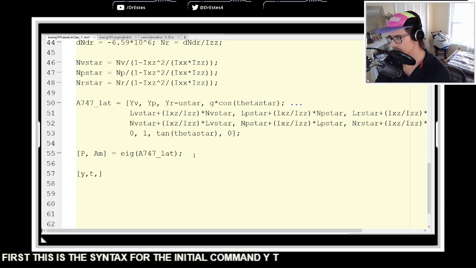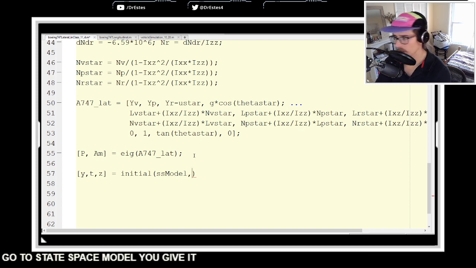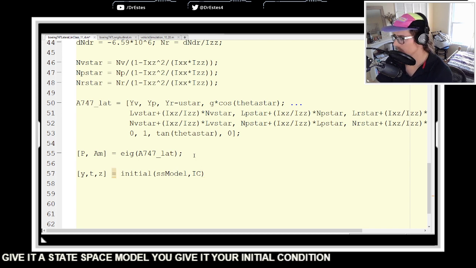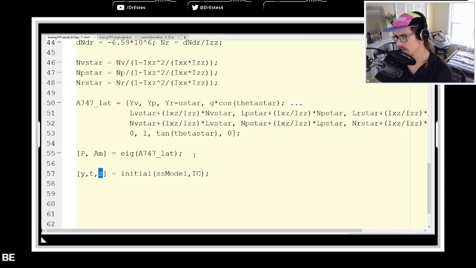Y, T, Z, initial, state space model. So you give it a state space model. You give it your initial condition. Okay, so this Y is going to be your output, which is based on your output equation, and then these are your states. And I used Z because these will be modal states.